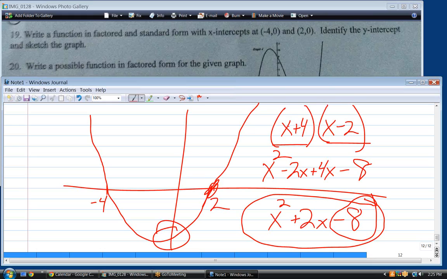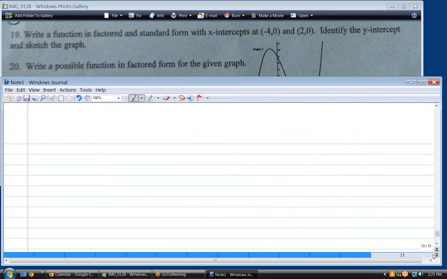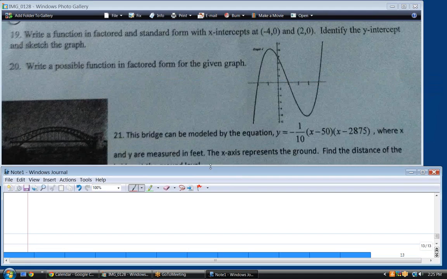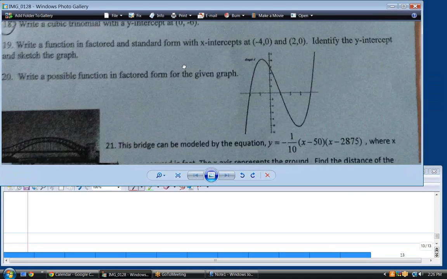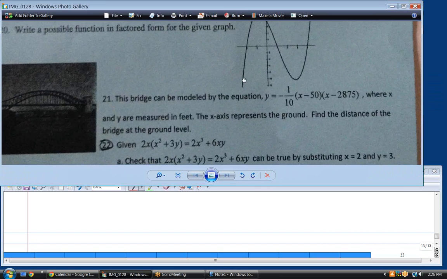If I multiply those two linear factors together, I get the quadratic that represents that function. And the y-intercept is always the constant. All right. Just take a quick look at this. You should be able to wrap this up quickly here.